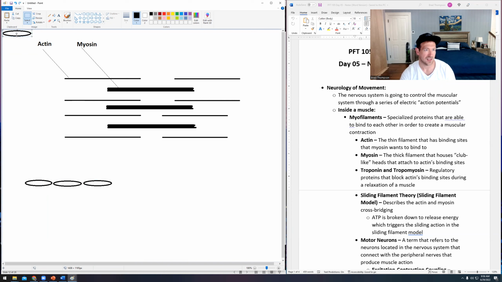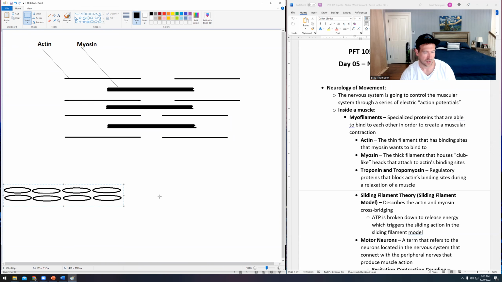Sorry, give me one second to whip up this picture. Okay, so there's our strand of actin.